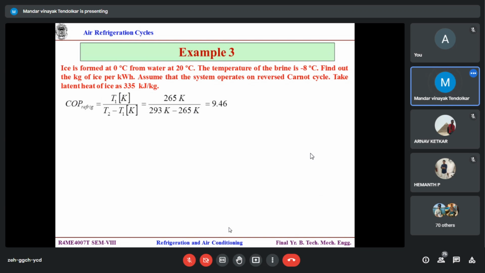What is COP? Lower temperature divided by delta T. Lower temperature is minus 8. Correct? Brine is available at minus 8. And T1 and T2: the water is at 20 degrees. So this is my ice COP. Ice temperature 0, water at 20 and brine at minus 8.